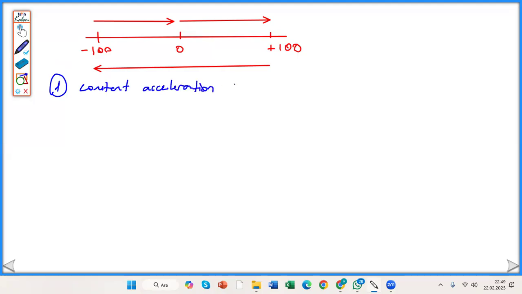With constant acceleration, in other words, velocity increases uniformly. Velocity increases uniformly, and in other words, it is constant acceleration. So let's look at each option. Once again, this is our first option, second option, and third option.